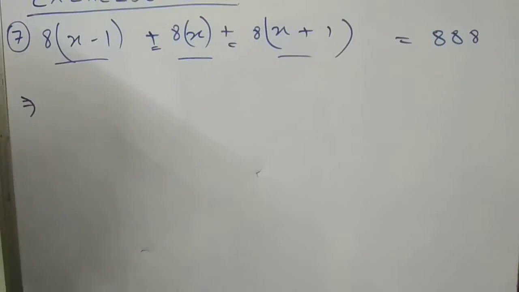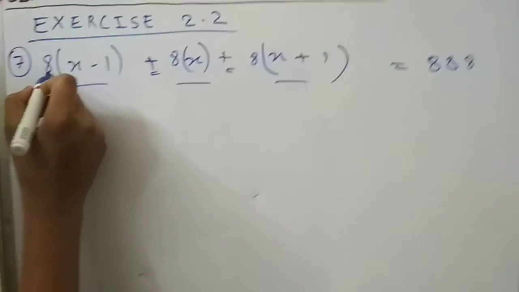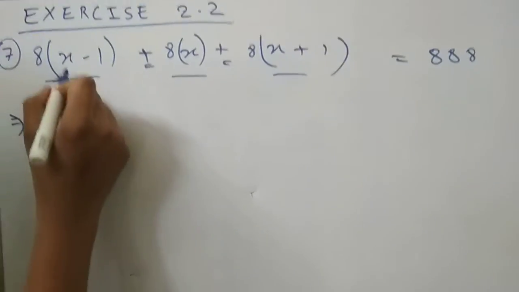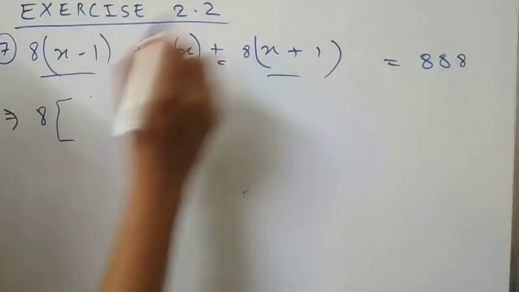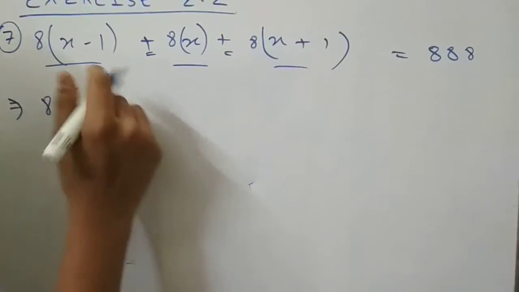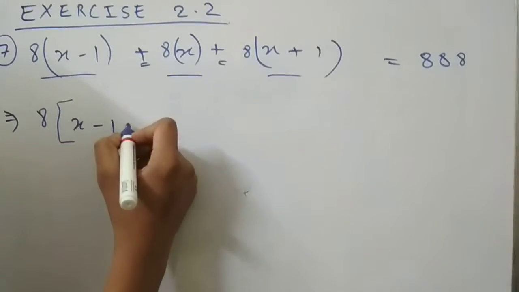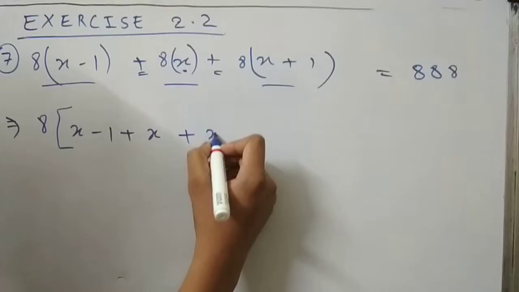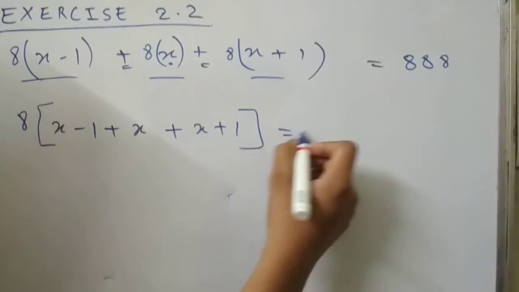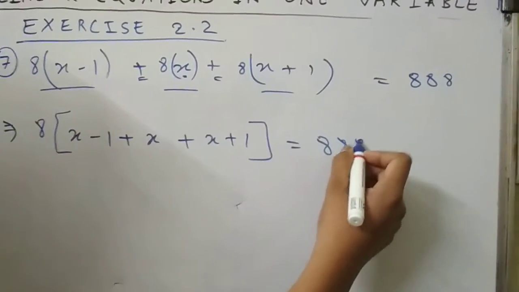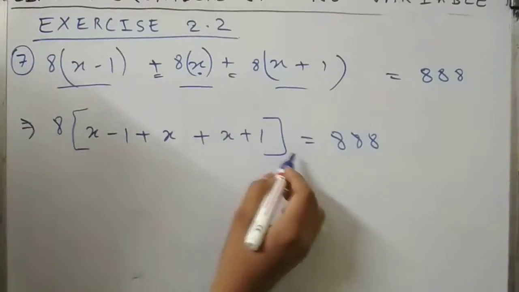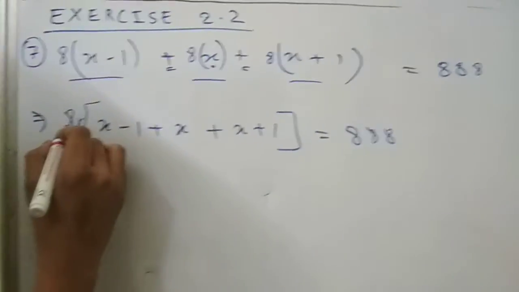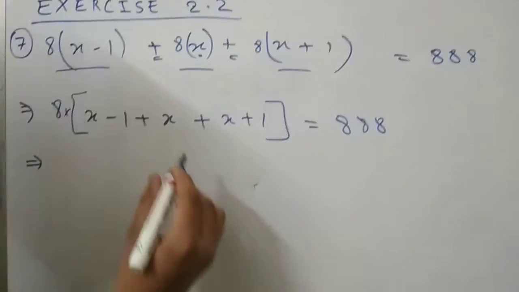So a common number has to be taken. Now let's take 8 common and put the rest of the numbers with their operations: 8 times (x minus 1, plus x, plus x plus 1) equal to 888. Notice that this whole bracket is one term and 8 is an individual term.